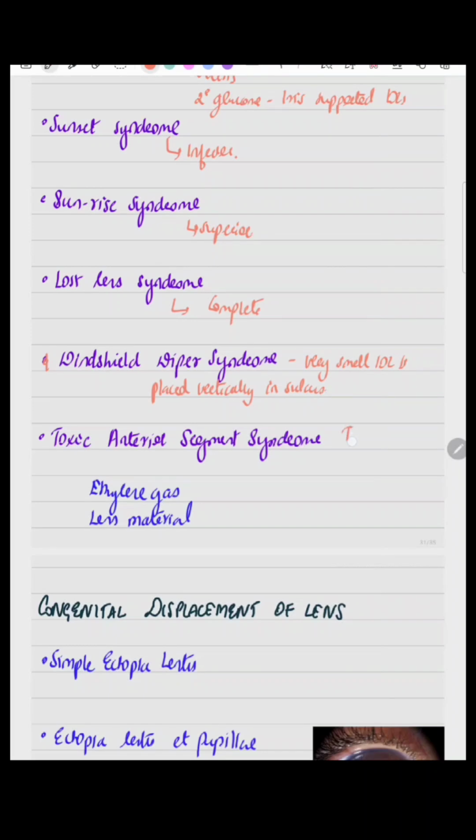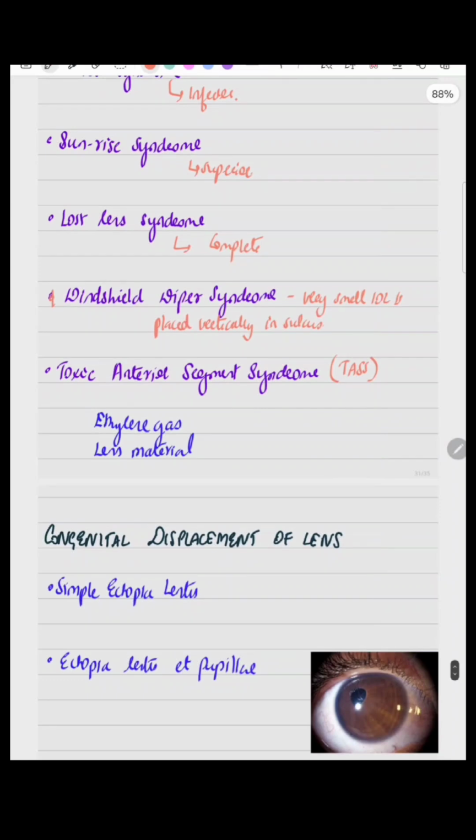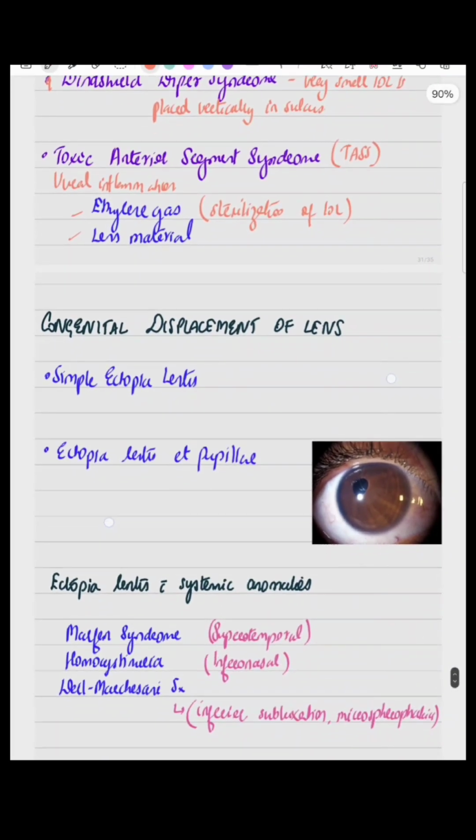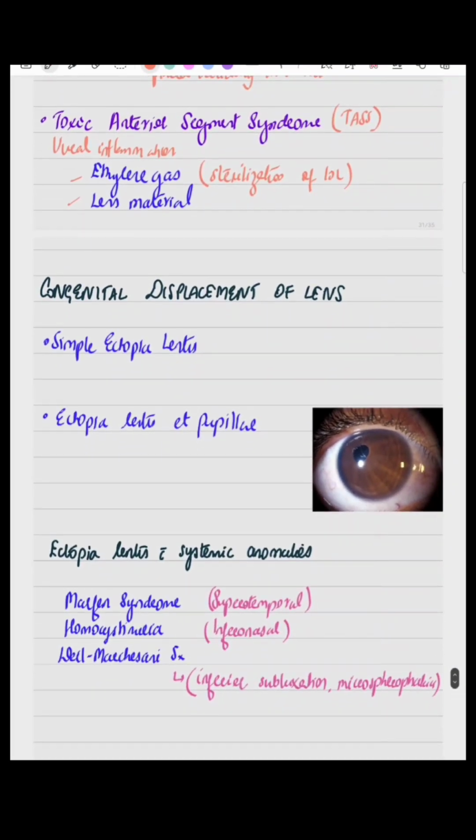Or there can be toxic anterior segment syndrome, TASS, that is uveal inflammation excited either by ethylene oxide gas used for sterilization of the IOL, or by the lens material itself. Now next is congenital displacement of lens.